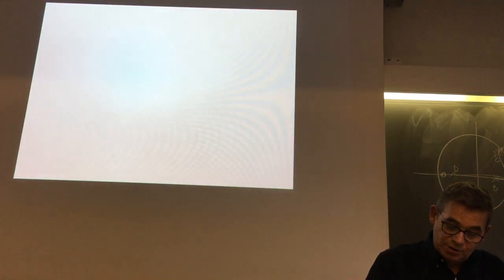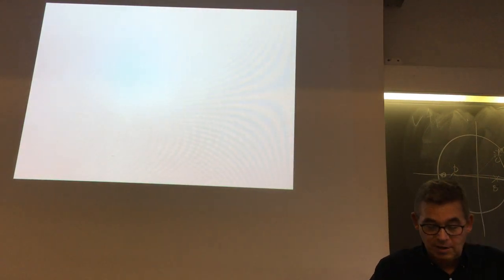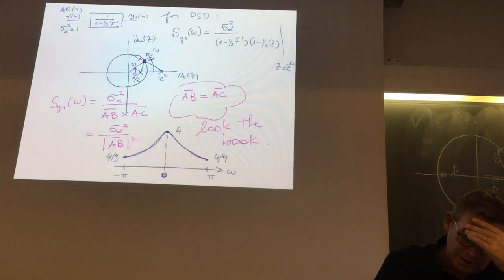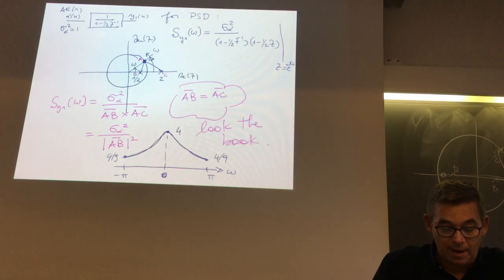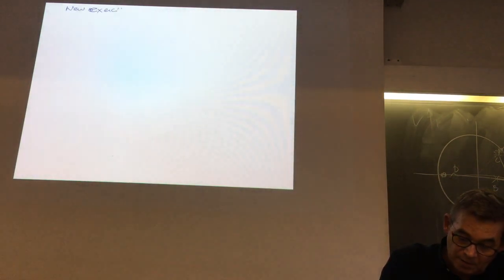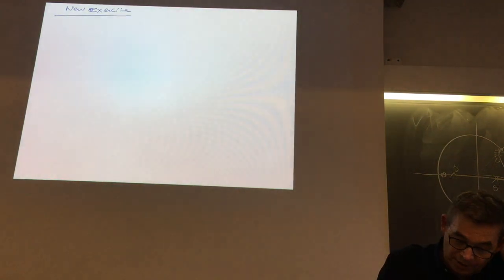I'm sorry, I didn't use exactly the exercise I want. Assume that, let's take the previous exercise. So we take the autoregressive order 1. Let's assume this is a new exercise, which is not included there.